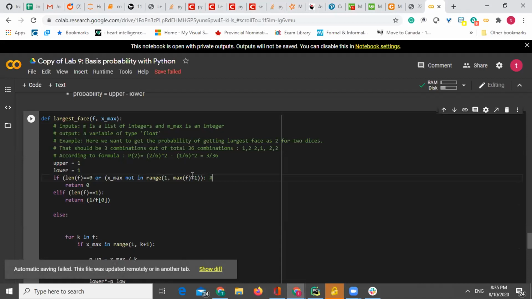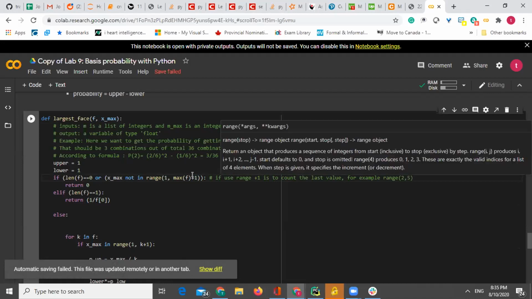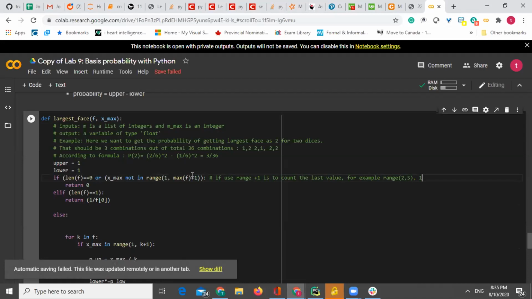So if length, by the number of faces. Okay.